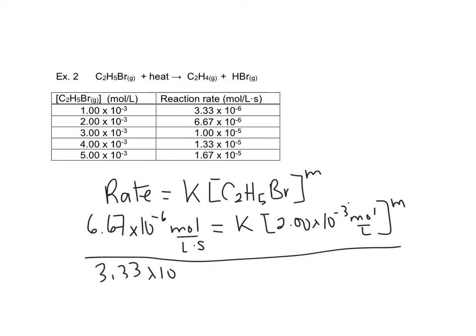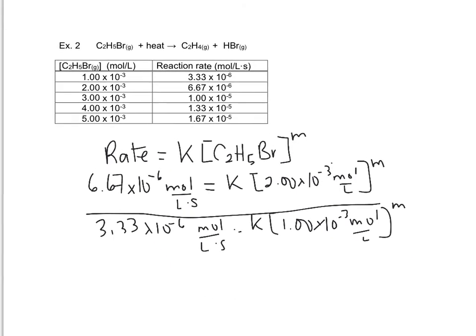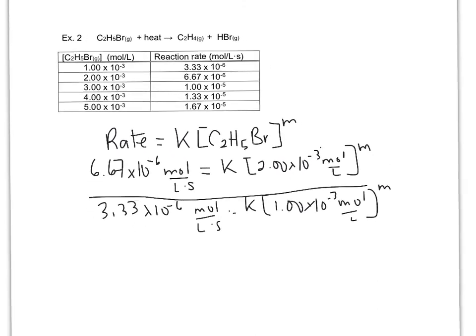All over 3.33 times 10 to the negative 6 moles per liter per second is equal to K times 1 times 10 to the negative 3 moles per liter. Okay.